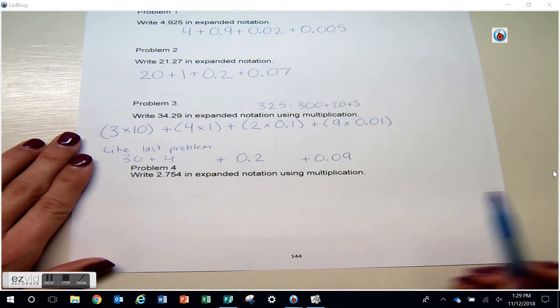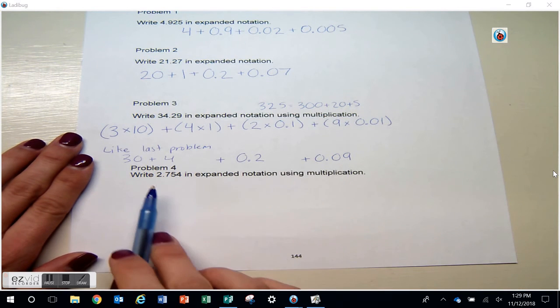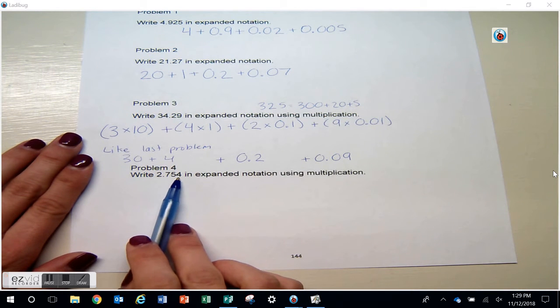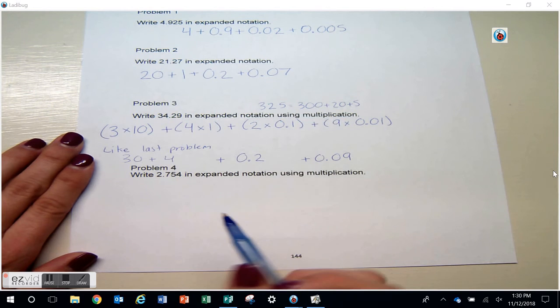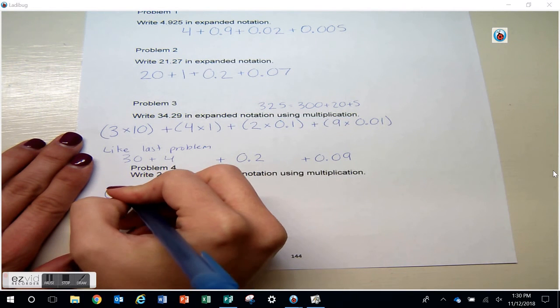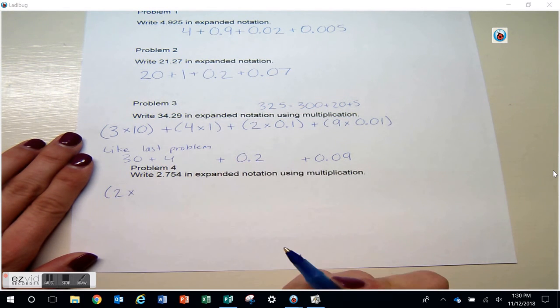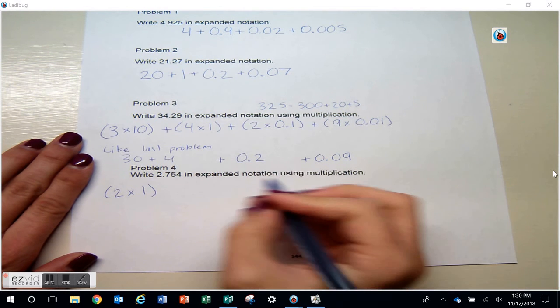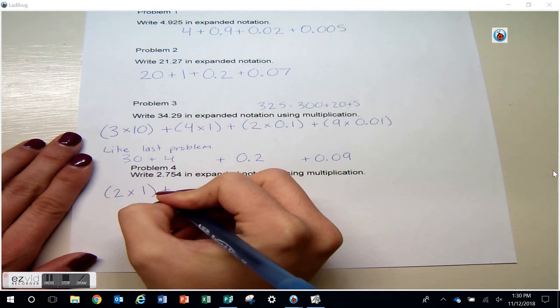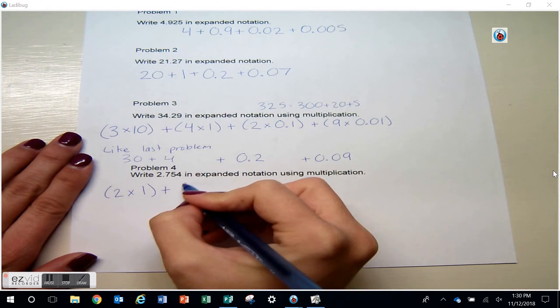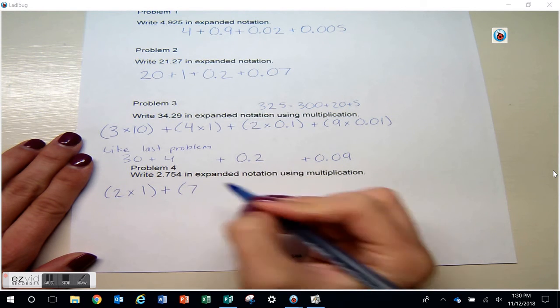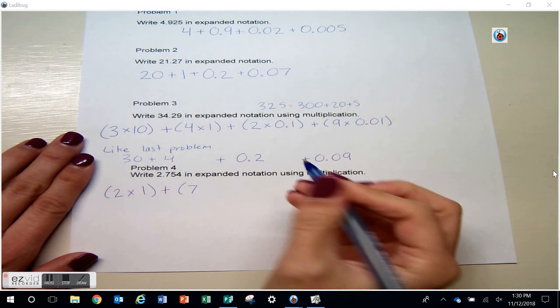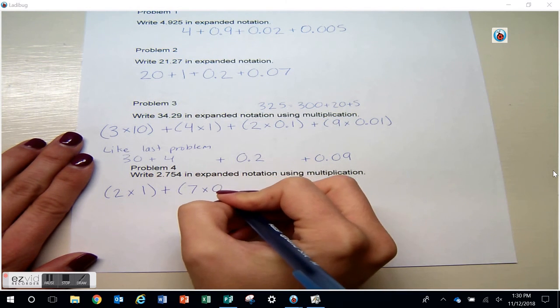Let's look at this one here. Write 2 and 754 thousandths. So I'm going to multiply 2 times, what's the place value there? 2 times 1. Well, 2 times 1 would give me that value of 2. I'm going to add that to the next place value, which was the 7. The 7 is in which place value, though? It's in the tenths place.